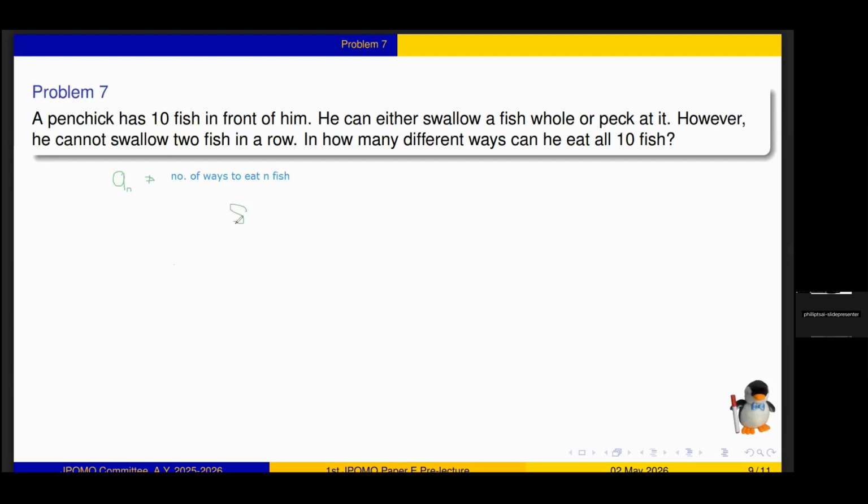One where the last fish he ate he swallowed it, and the other where the way he ate the last fish was a peck.